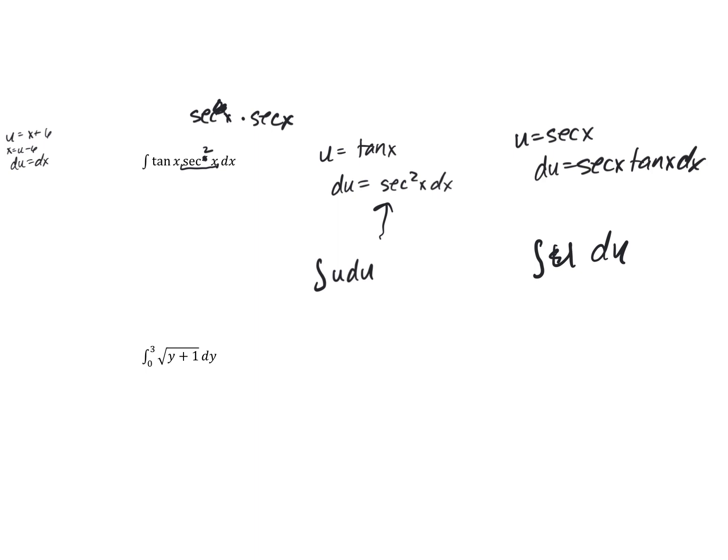Do you guys see what I'm saying here? And so this would be u squared over 2 plus c, u squared over 2 plus c, which means we could call this solution tangent squared x plus c, or secant squared x plus c.